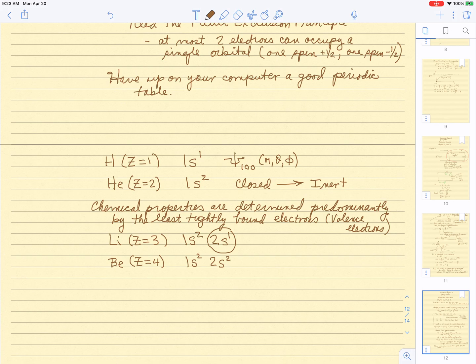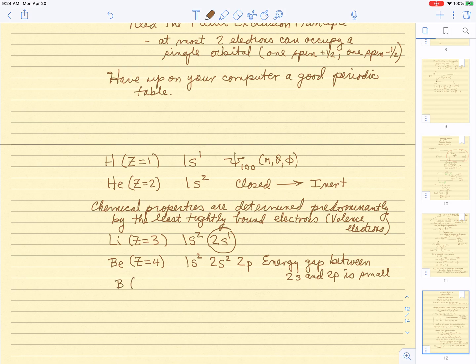But what happens here is that the energy gap between the 2s and 2p is small, and so there are ways that these electrons in the 2s orbital can actually occupy the 2p, and as a consequence, there will be electrons in the valence state that can enter into bonding. Okay, so we can continue this game.